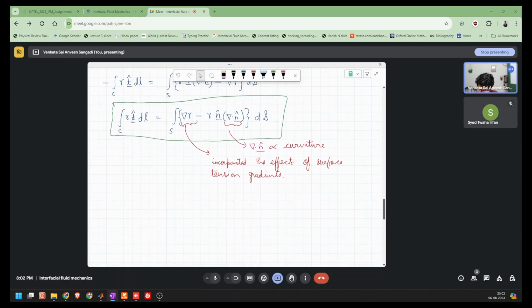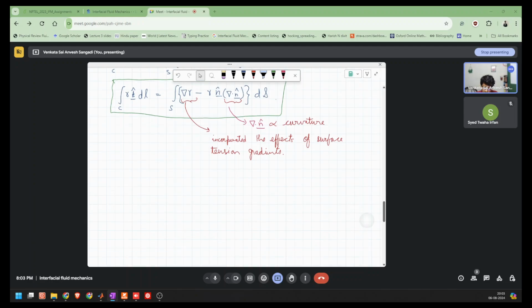So the line integral here, or the contour integral, has both the surface tension gradients part, that is the first term, and the curvature part, which is the second term.